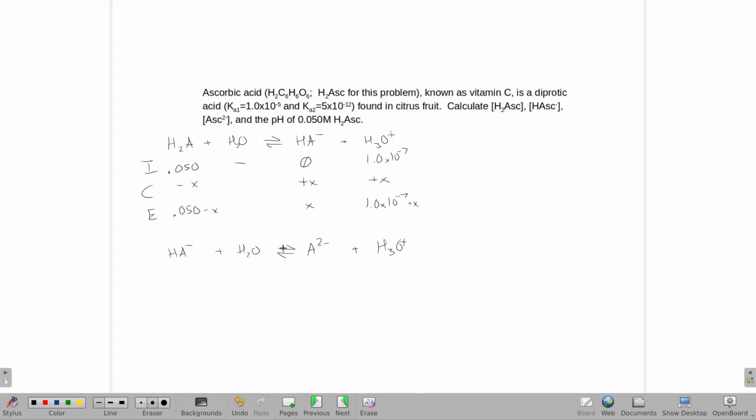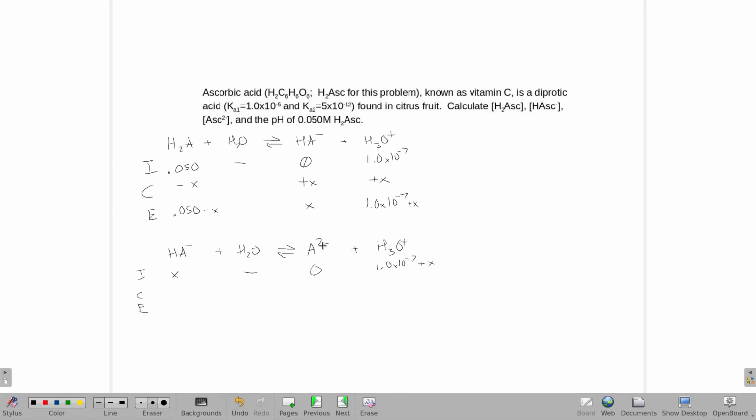The first equation is dependent on the second one because the HA minuses are those reactive intermediates. Let's see what we got here. This started out as 0, now it's X. I can still ignore this. My A2 minus here must be 0, but the H3O is 1.0 times 10 to the negative 7th plus X. We've just brought it down.